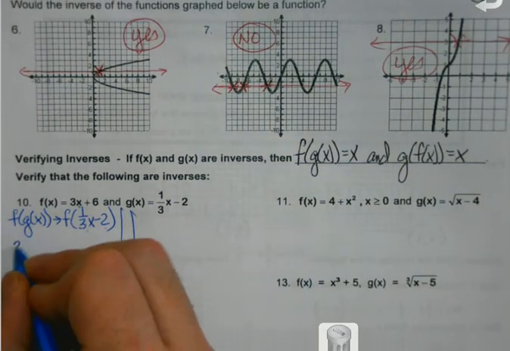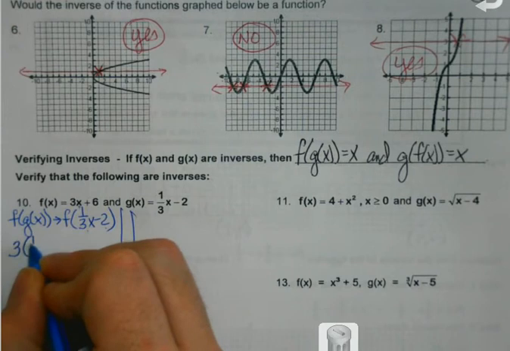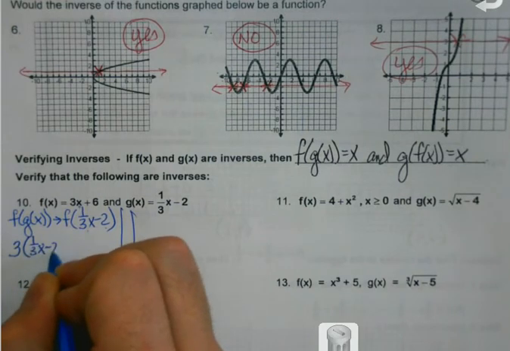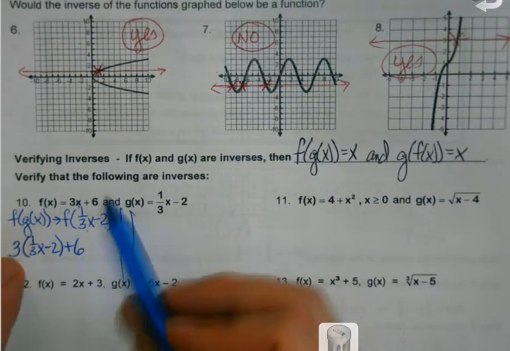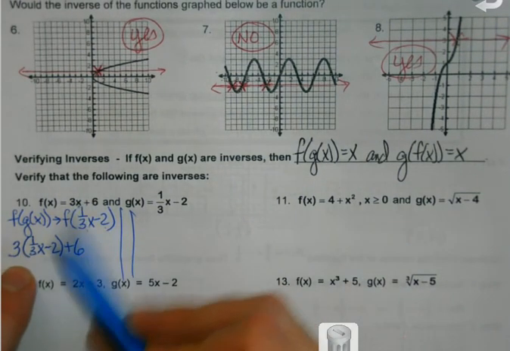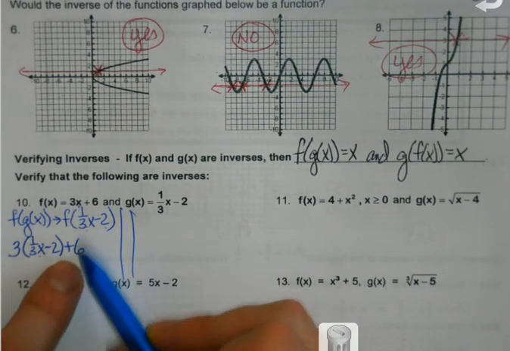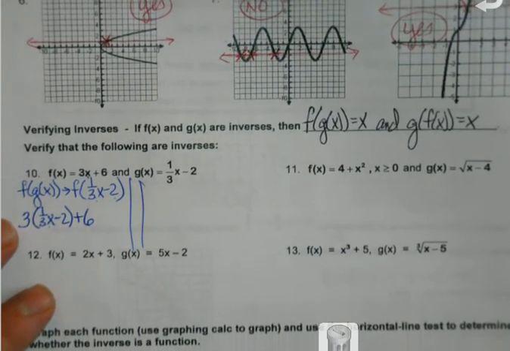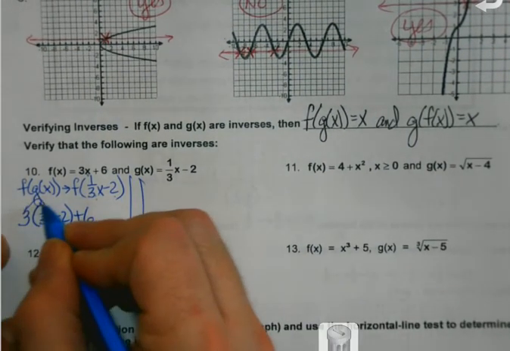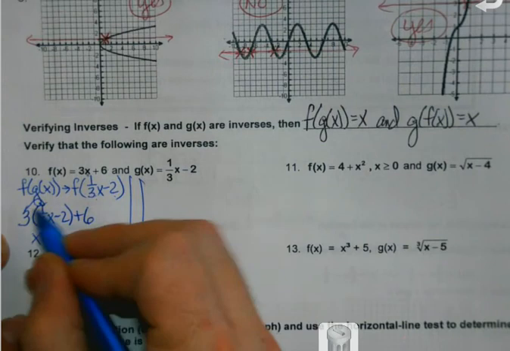So I've got 3 times 1/3 x minus 2 plus 6. The only thing that changed was what's in the parentheses went in for x. Everything else stayed the same. Because now if I simplify it, 3 times 1/3 would just be x.